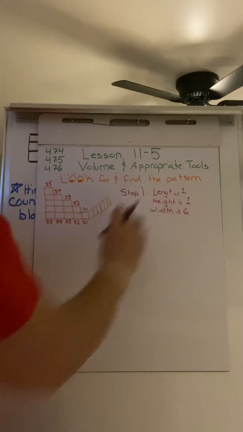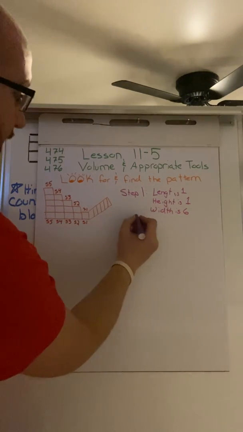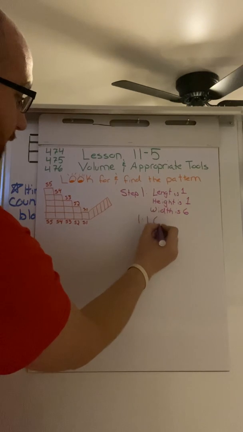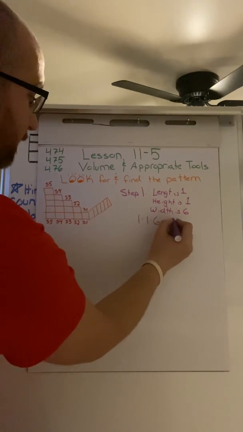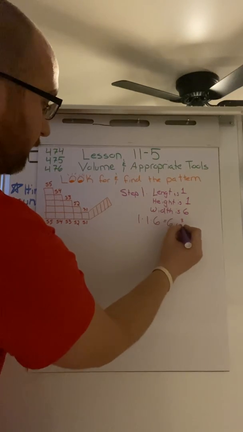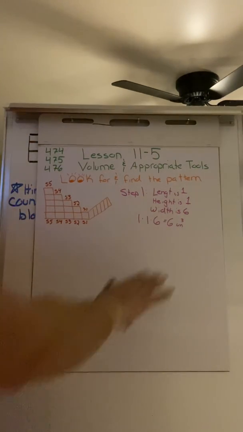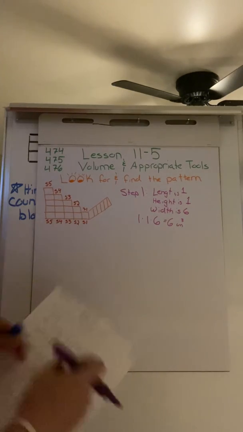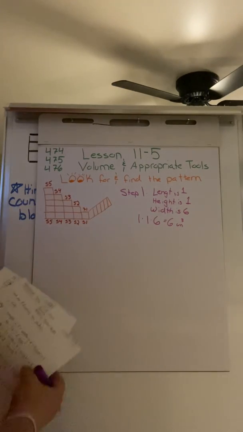To find the volume of step 1, we would take 1 times 1 times 6, and that equals 6 units cubed. I'm going to abbreviate units so we're not writing all of this all night.